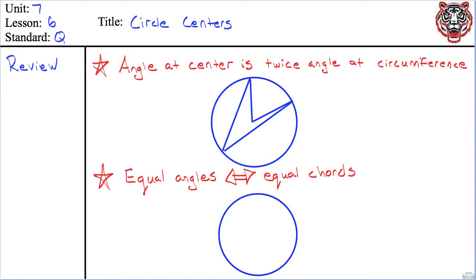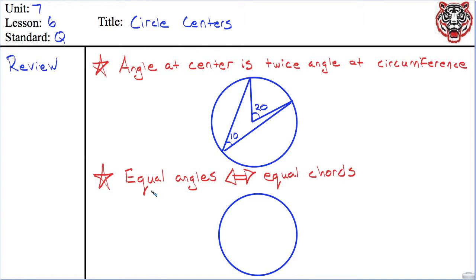So if I'm looking at this angle right here versus this angle down here, if the one at the center was, we'll make it 20, that angle is going to be twice the angle at the circumference down here. So the one at the circumference is going to be 10. So you always halve it if it's touching the circumference.